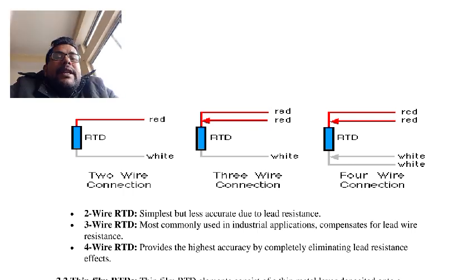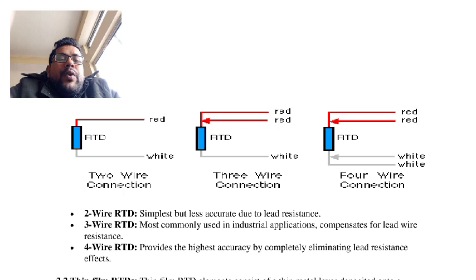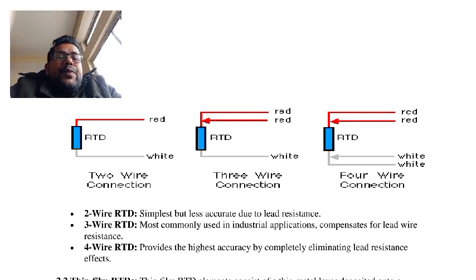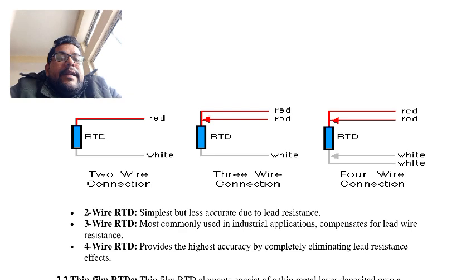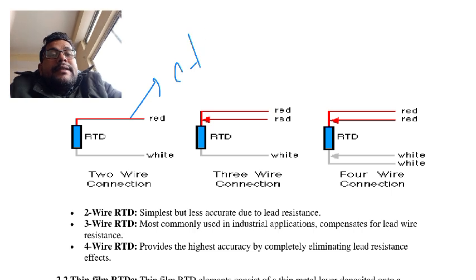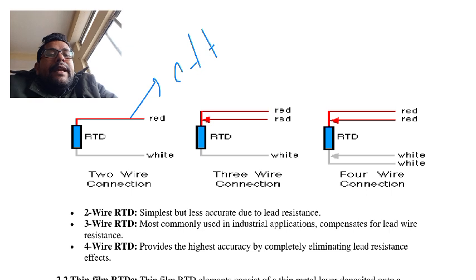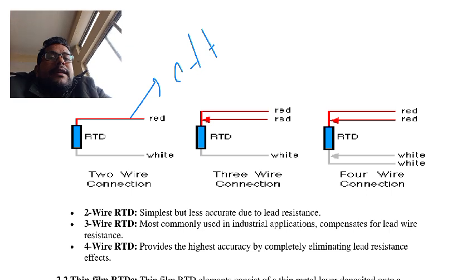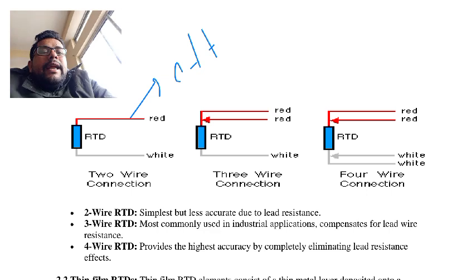So what are the limitations, uses and benefits of 2-wire and 3-wire connections? The 2-wire RTD is the simplest but less accurate, because lead resistance affects the accuracy. It is simple, but because lead resistance adds to the meter reading, it is less accurate.